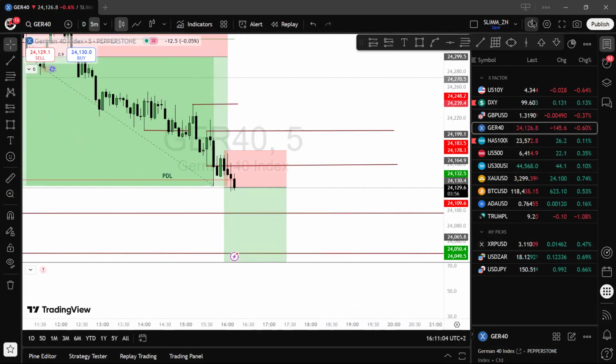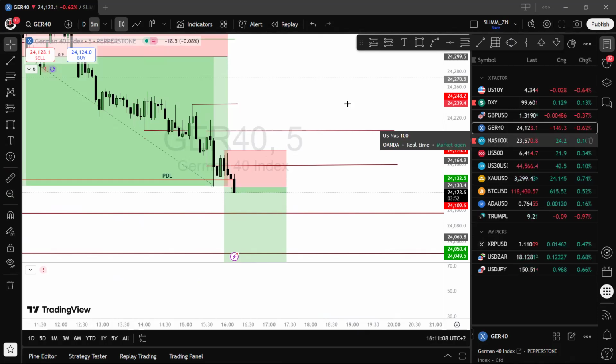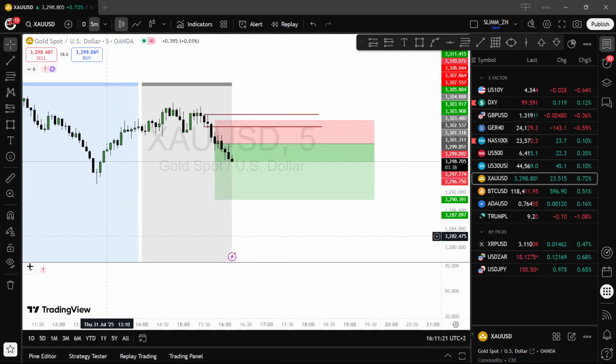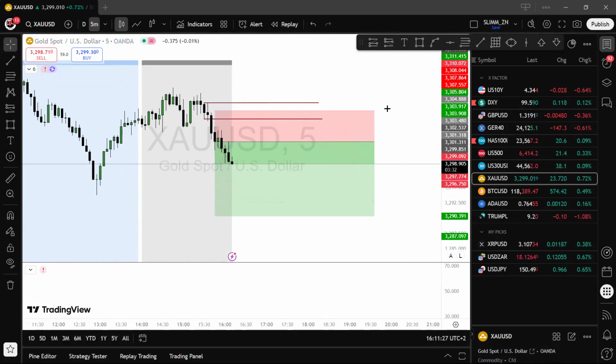So we are left with Nasdaq, German 40 and gold. Let's see how they go.